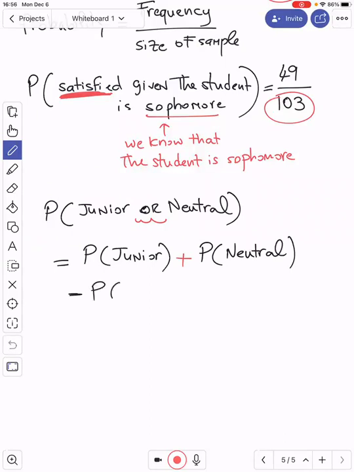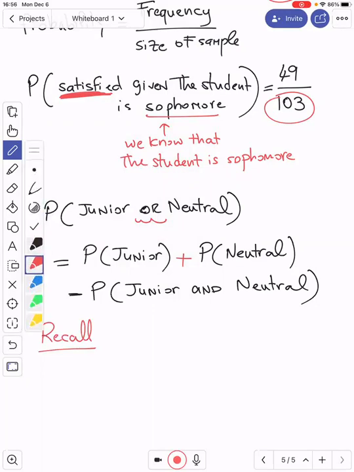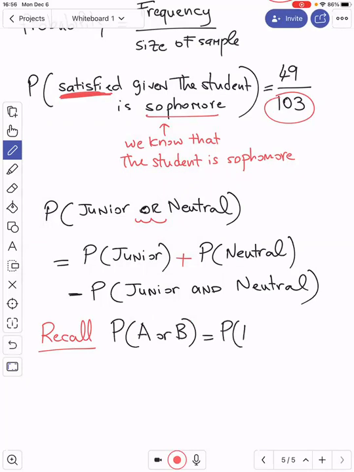Minus the probability that the student is junior and neutral. So just to remind you the formula in general: if you have the probability of A or B, so it'll be the probability of A plus, because it's "or", plus the probability of B minus the probability of A and B.